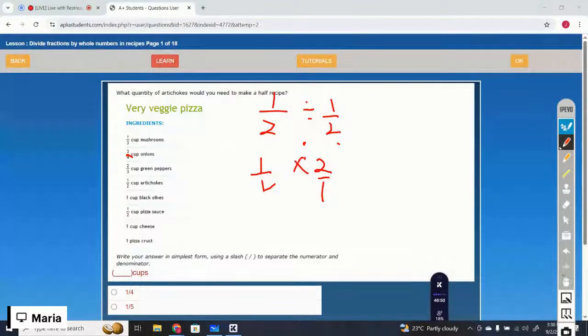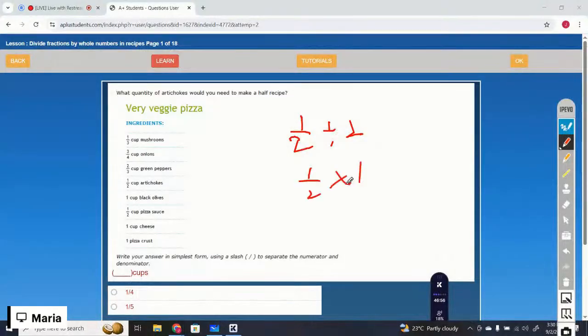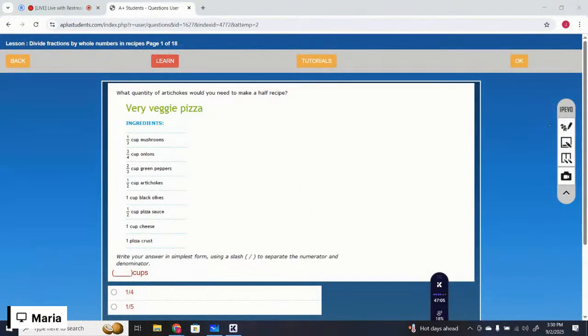So you divide this by two, right? So you have to do 1 by 2 times 1 by 2. So the correct option is 1 by 4. Option number 1 is the correct option. That is 1/4 it is.